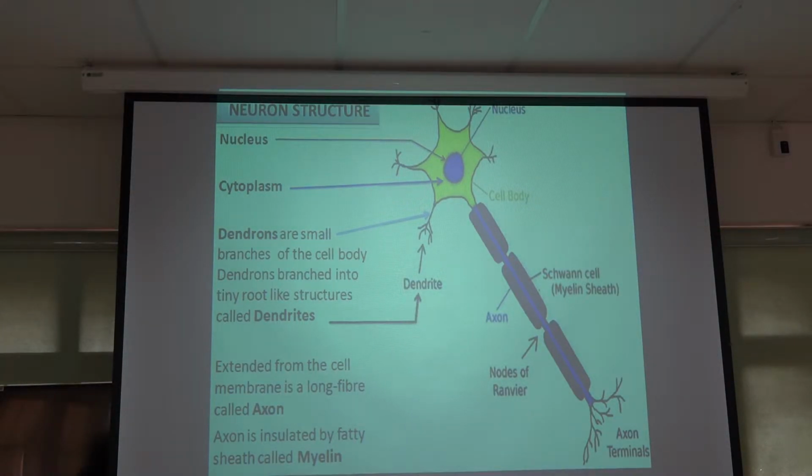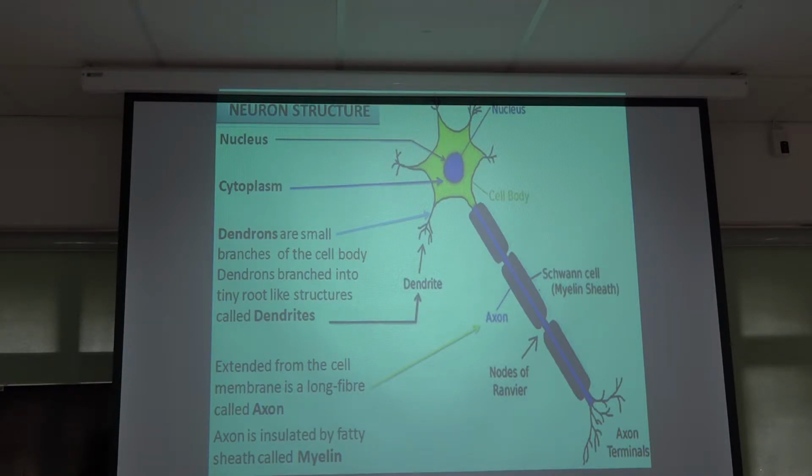So as I've said, the dendrites are the terminal parts of the neuron. That is actually the point where the electrical impulse is exchanged from one cell to another.